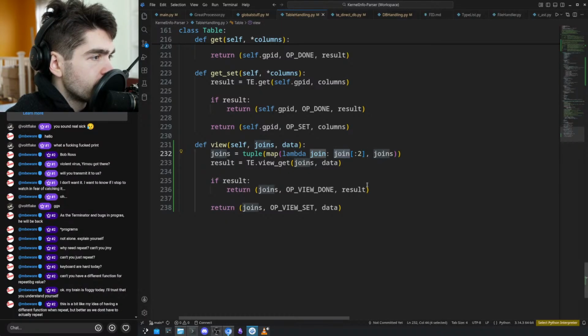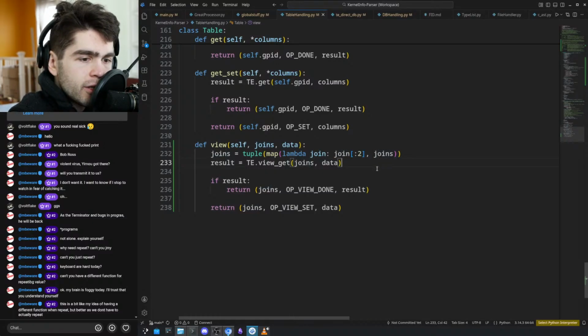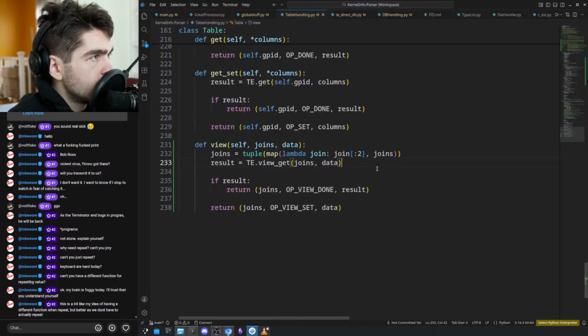Okay, here we're cutting the join down. Wait, what? This is a bit like my idea of having different functions when repeating, but better, as we don't have to actually repeat. Yeah, that's kind of the idea.